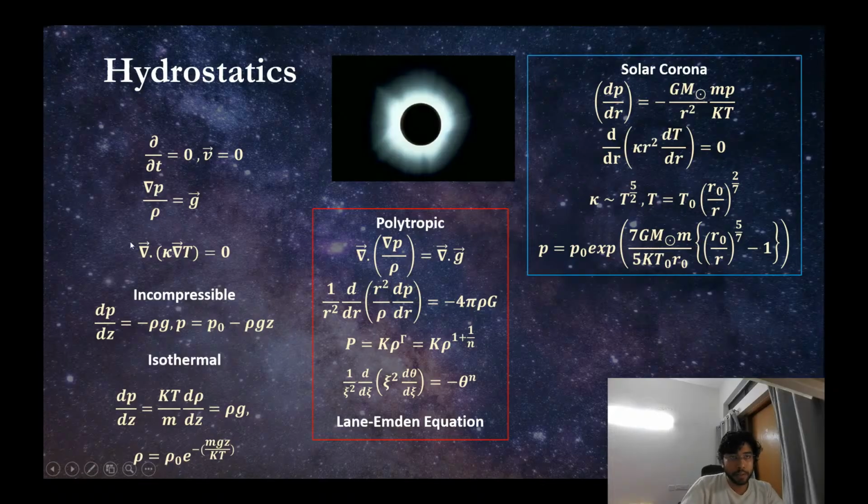So these two are the equations for hydrostatic balance. Now, using these two equations, we can explain many phenomena in astrophysics using just these two simple equations.